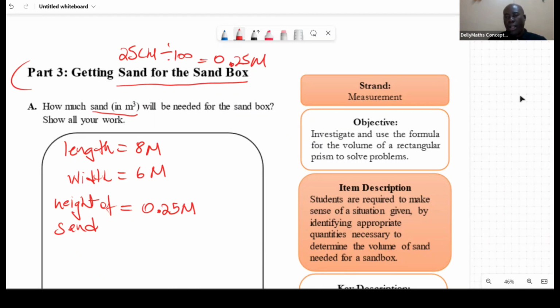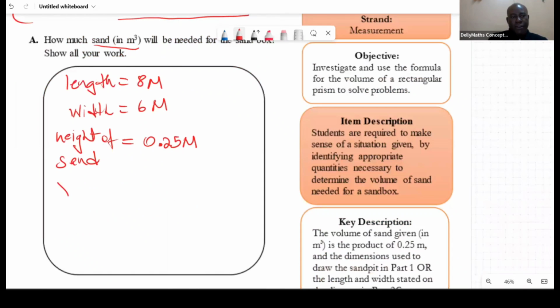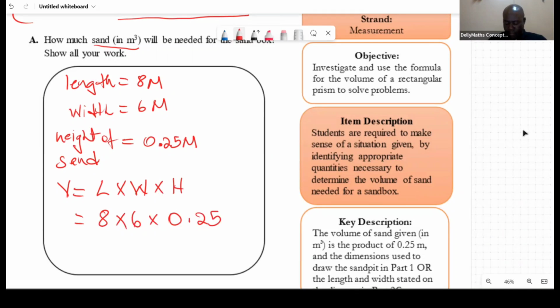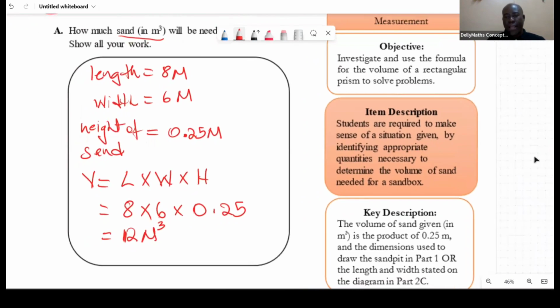So remember now, the volume is equal to the length times the width times the height. And we're talking about 8 times 6 times 0.25. All right. And we're actually getting 12 meter cube right there.